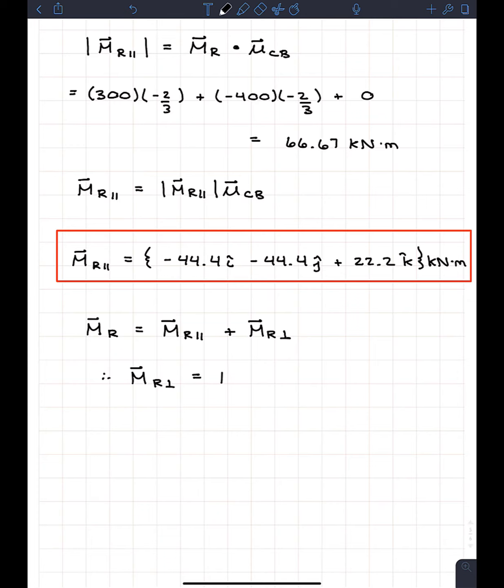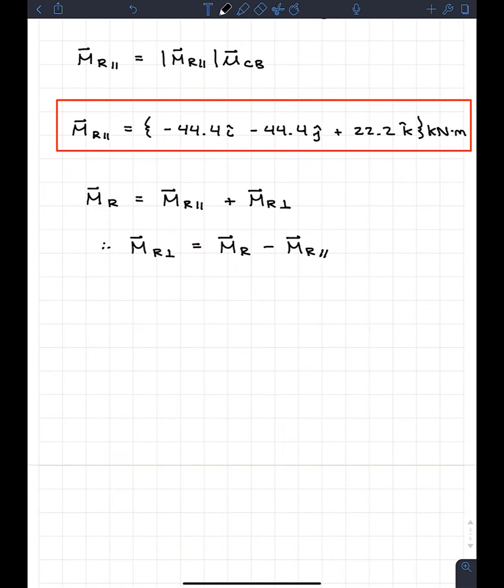We're going to move the one moment to the other side. So it's going to be MR minus MR, oops, not perpendicular. That's what we're solving for. MR parallel. We know MR. We know MR parallel. So it's just vector subtraction.